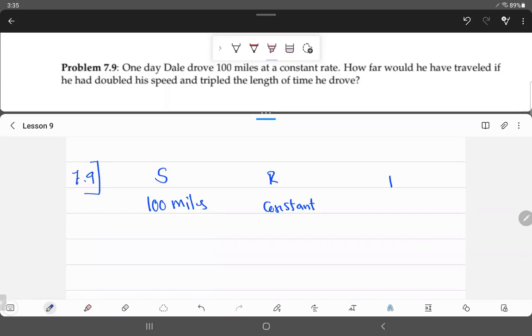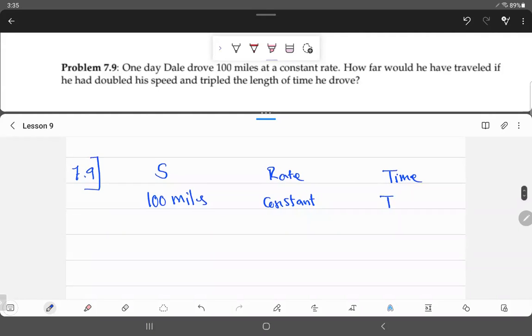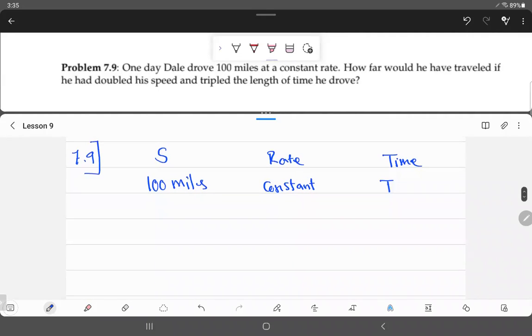And the time, you want to study the time. So let's say the time is t. The rate is r, constant. So let's try to play with this and understand what's happening. Let's say the S is 200 miles.